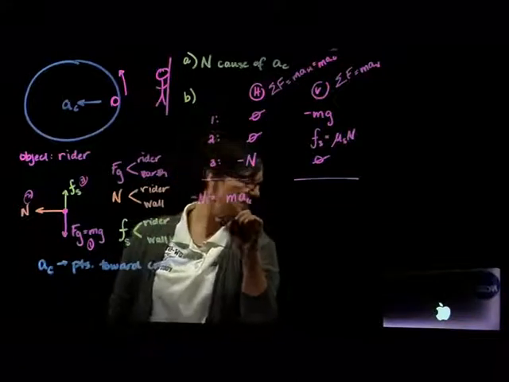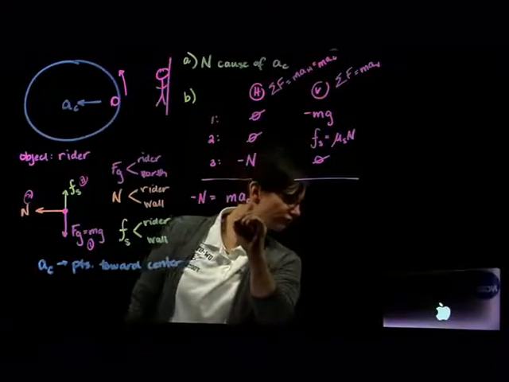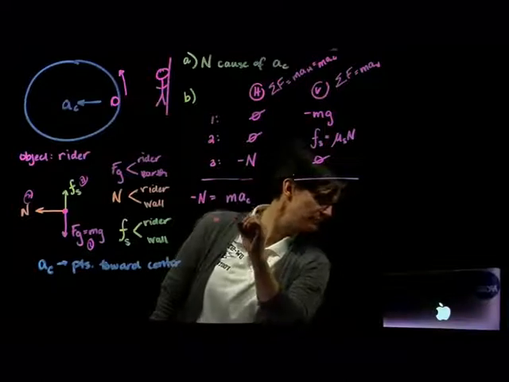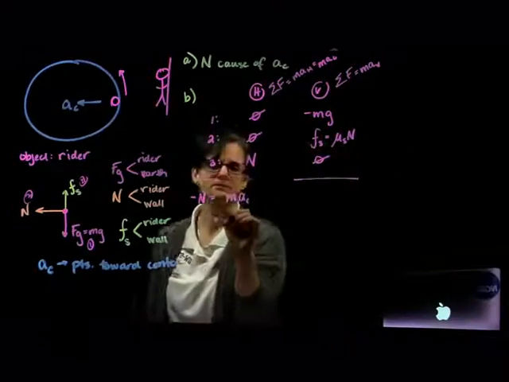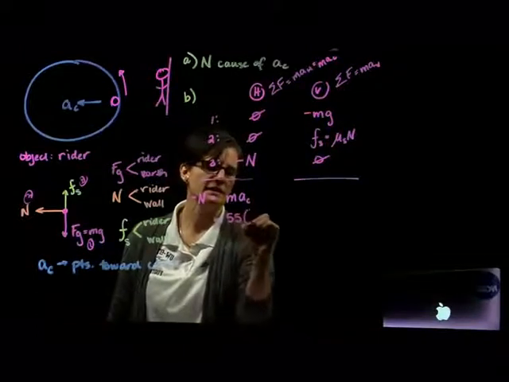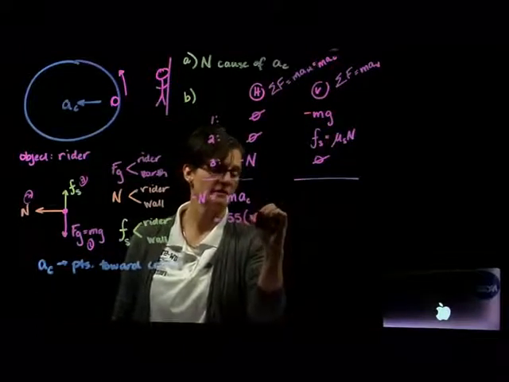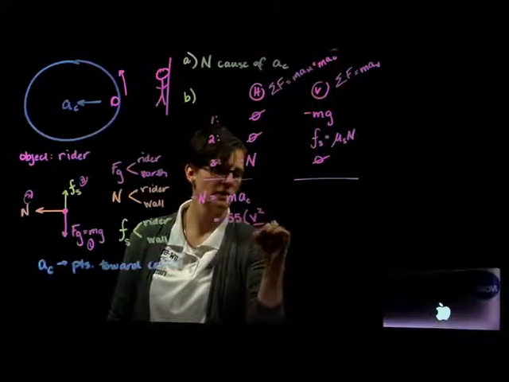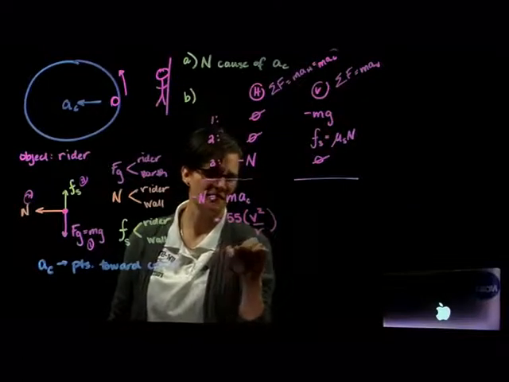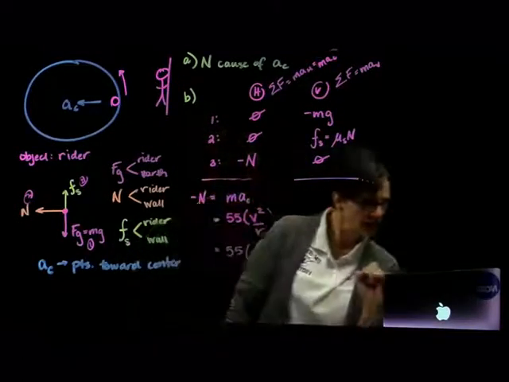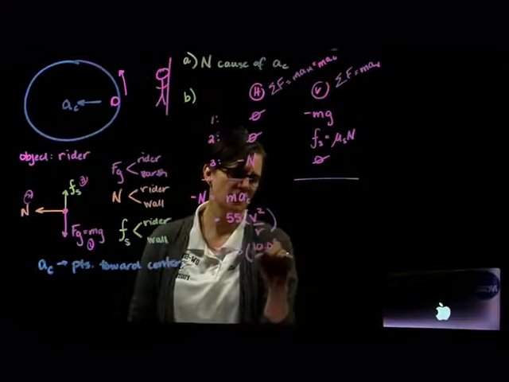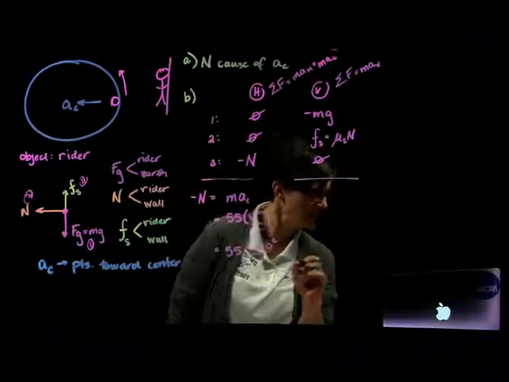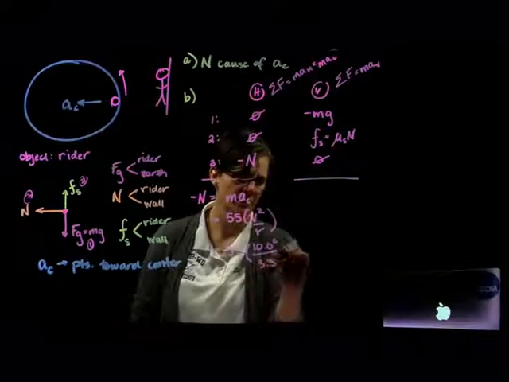So the mass is, I've already forgotten, 55 kilograms times velocity squared over the radius. So we have 55. The velocity, it says, is 10 meters per second, squared, over a radius of 3.3 meters.